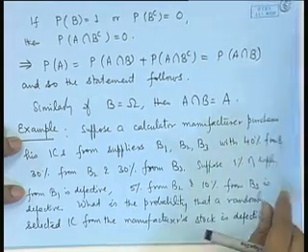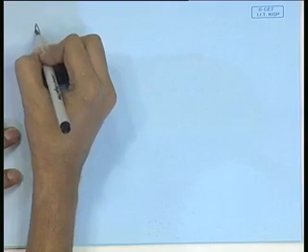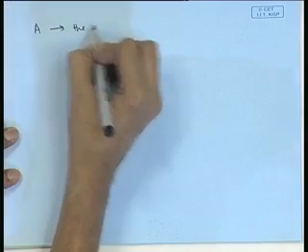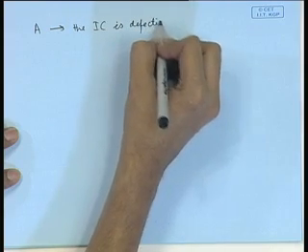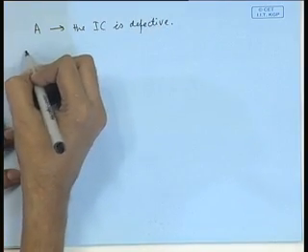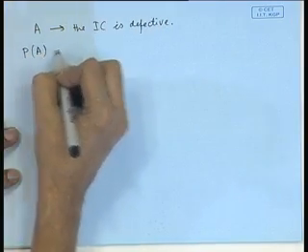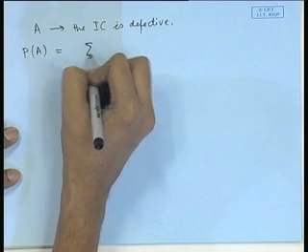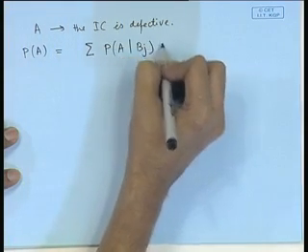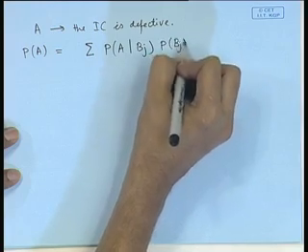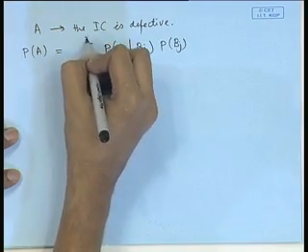Now, here if we consider the event, say A, that the IC is defective, then probability of A can be represented as sigma probability of A given Bj into probability of Bj, j equal to 1, 2, 3.